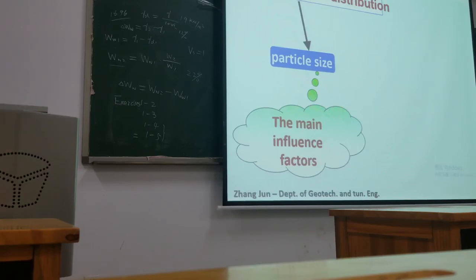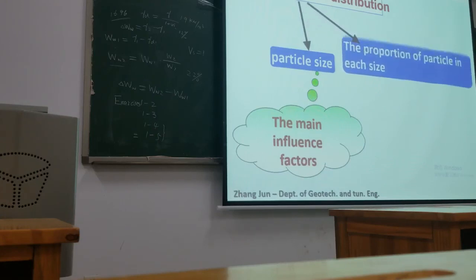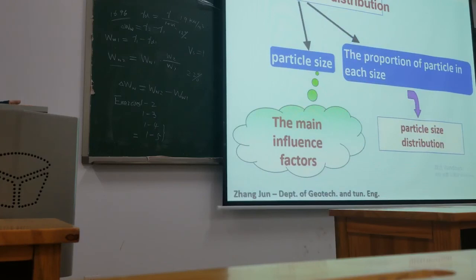So it is meaningless to study the size of a certain particle. But the mass distribution of soil particles of different size is very important. So we should know the particle size distribution, not particle size. Okay?